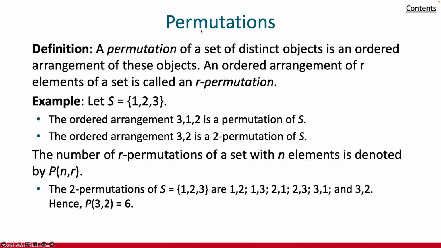A permutation of a set of distinct objects is an ordered arrangement of these objects. An ordered arrangement of r elements of a set is called an r-permutation. So P for permutation, and you can see that they use P and then these numbers to show this. The number of r-permutations of a set with n elements is denoted by P(n, r).